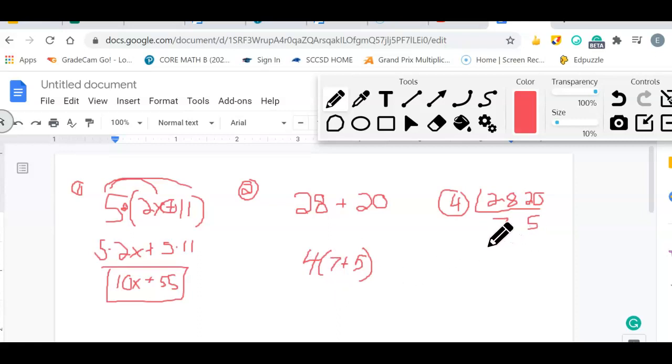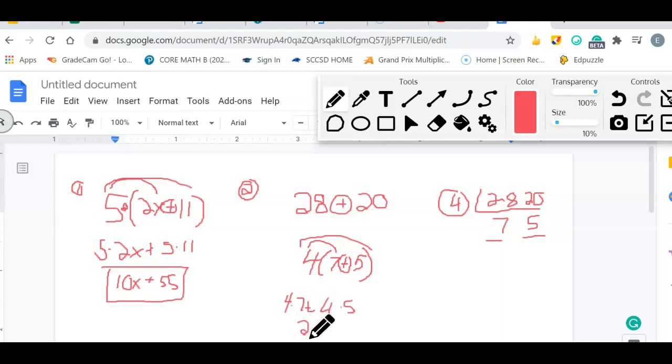Then we are left with 7, and we're left with 5. So that's what we add inside the parentheses. We have addition right here. That makes it addition right here. We can always go ahead and double check our work doing it this way. We can distribute the 4 to the 7, distribute the 4 to the 5. 4 times 7 plus 4 times 5.